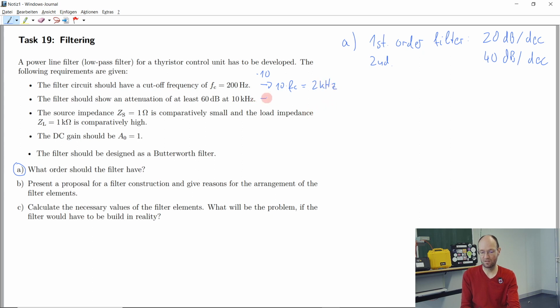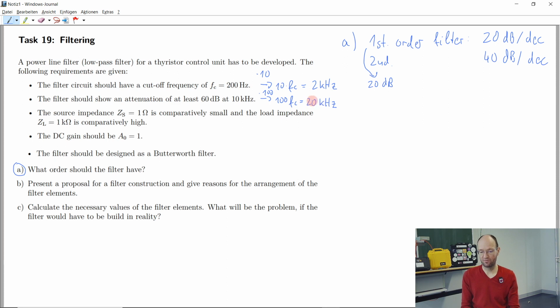And if we multiply it by 100, if we have 2 decades, 100 times this corner frequency, then we will have a frequency of 20 kilohertz. So if we have a first order filter, this would mean at this 2 kilohertz frequency, we would have 20 dB of attenuation.